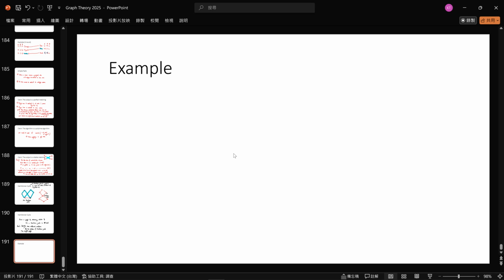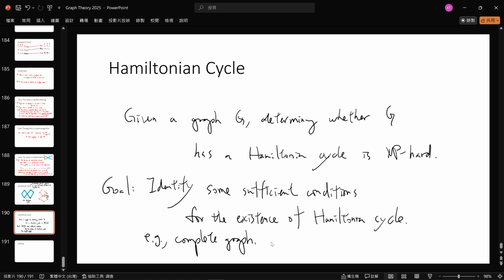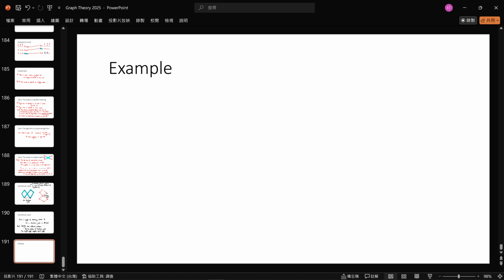Oh, okay, a complete bipartite graph. So if the graph is a complete bipartite graph, then again, you can find a Hamiltonian cycle.